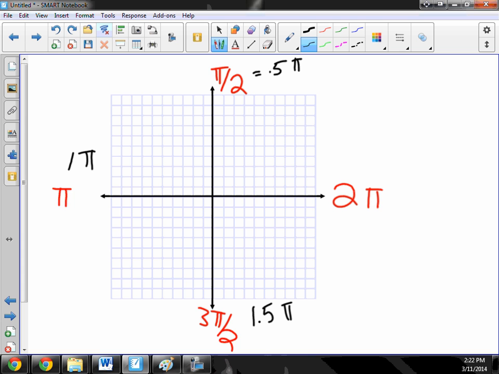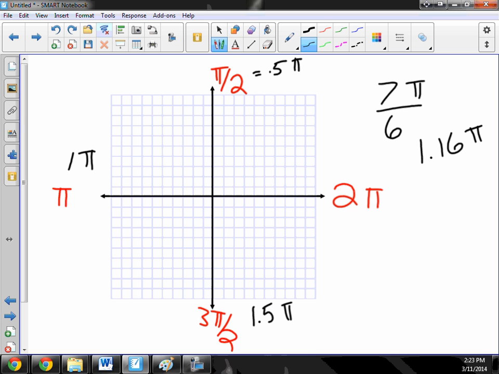So what is the reference angle for 7 pi over 6? Well, it's not 7/2, it's 7/6. Not around once. Turn 7/6 into a decimal. 1.16 pi. Where does 1.16 pi land?